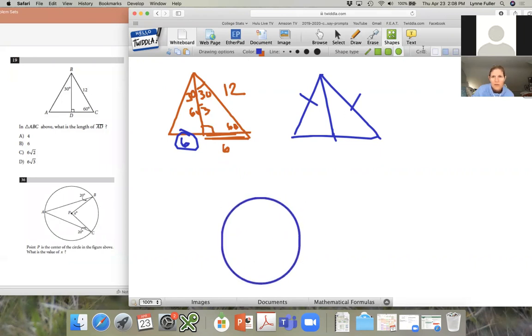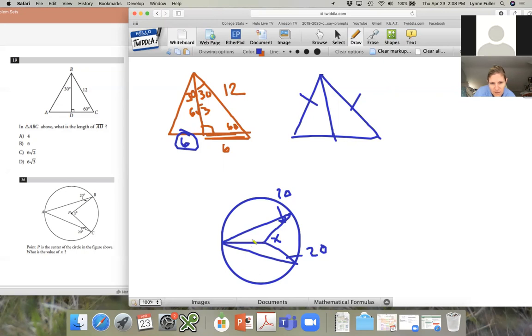Okay, so here's a circle, and I'm just going to draw this funky looking set of triangle stuff inside of it. Okay, and these angles are 20, and this angle is 20, and they want to know what that angle is. All right, so here's the thing. You can break this into smaller triangles.